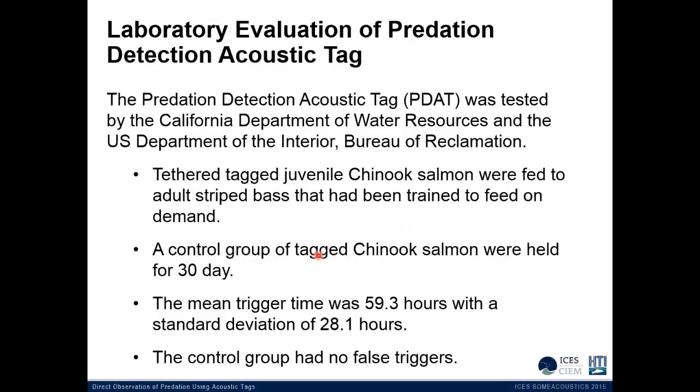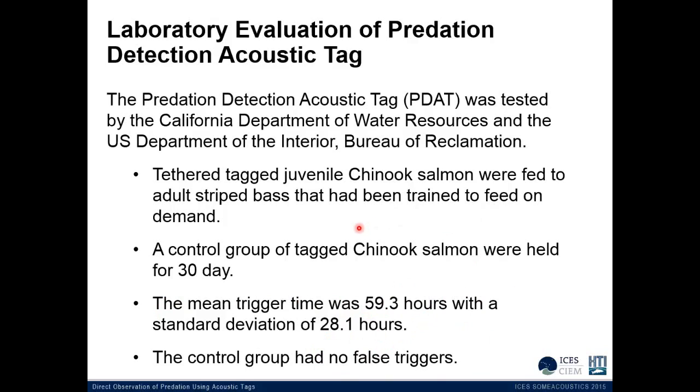In addition, there was a control group of 30 tagged Chinook salmon that were held for 30 days just to ensure that we had no false alarm. With this test, we found that the mean time for triggering was 59.3 hours, with a standard deviation of 28.1 hours. And the control group had no false triggers.